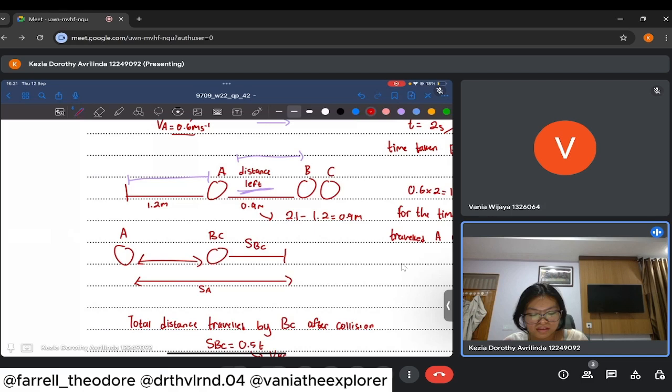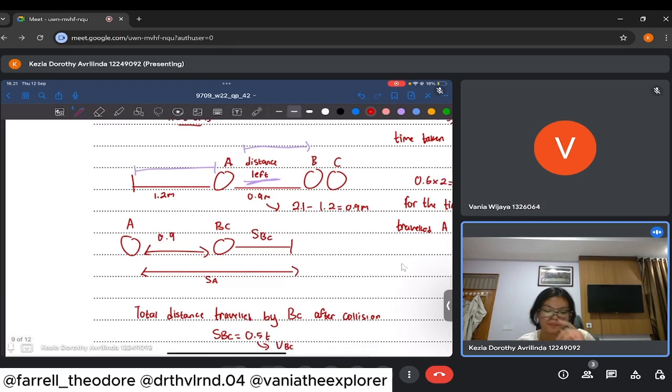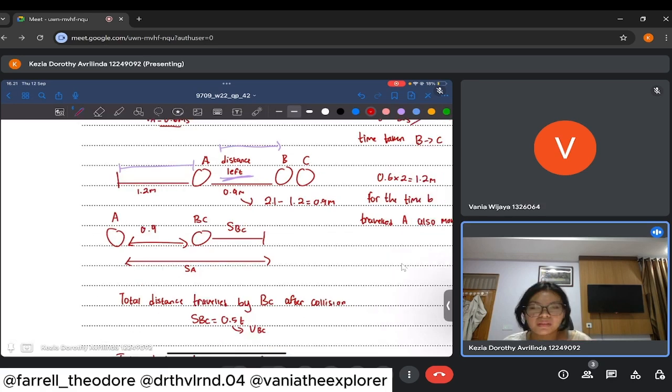And this is the 0.9 distance from B to C. In this case, the total distance traveled by the combined particle BC is this SBC.